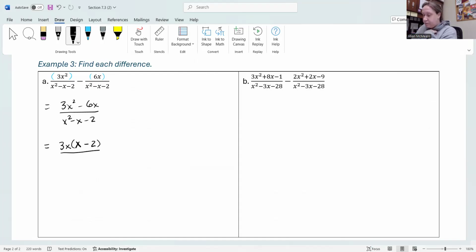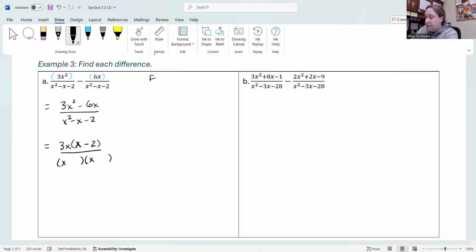Okay? Now my denominator is a quadratic trinomial, and luckily it's a quadratic trinomial where the coefficient on the square term is 1. We can do that easy shortcut factoring. So we know this is going to factor as two binomials, each starting with an x. And then what we need to do is look at c, the constant.